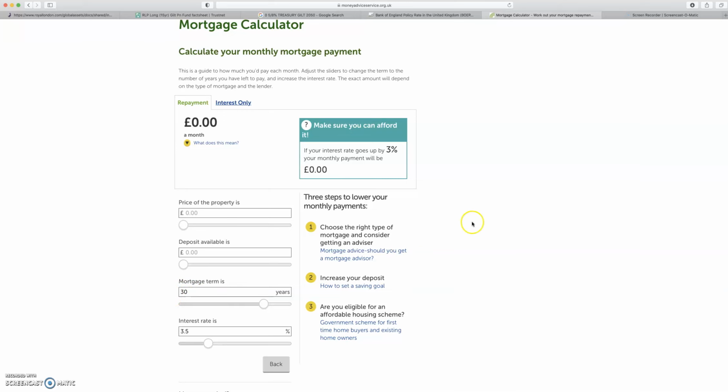Now, what I'm about to show you, you'll not typically be shown by mortgage advisors, financial advisors, or people that work in banks, because ultimately what they want you to do is get the most expensive home that you can get with your current pay and current low interest rates.